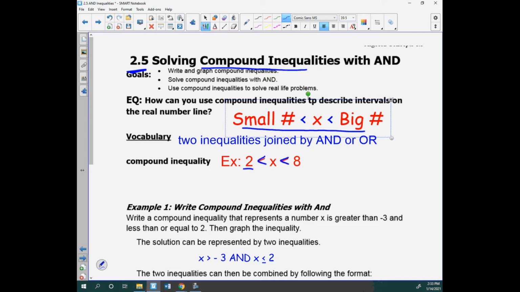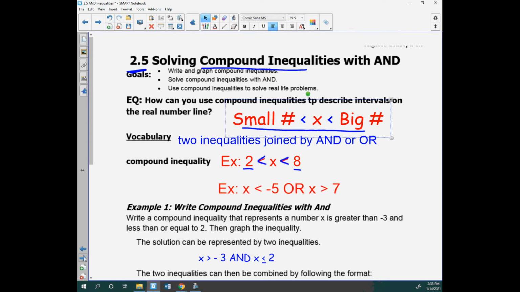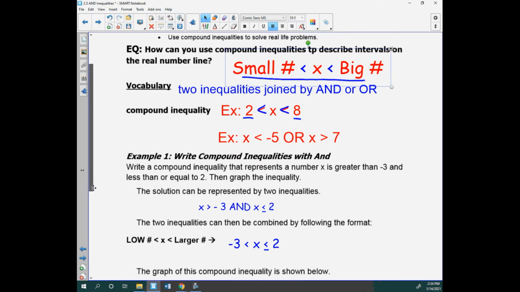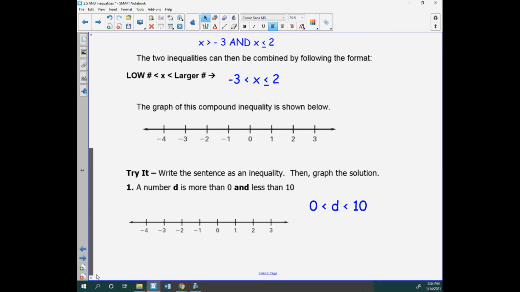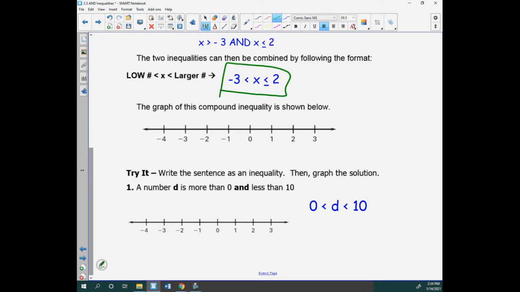Small number, that sign, x, that sign, big number, right? In the next lesson, we'll talk about the "or" ones, okay? So for the compound inequalities, another way to say it, low number, large number, but we're going to basically look at it something like that, okay?